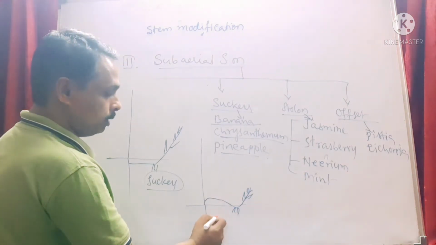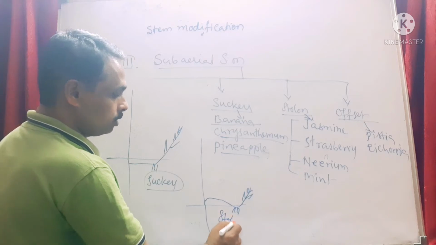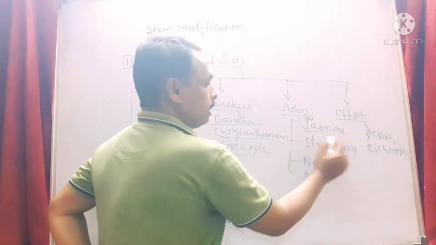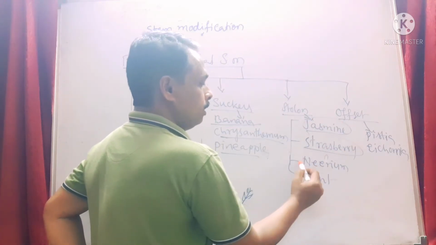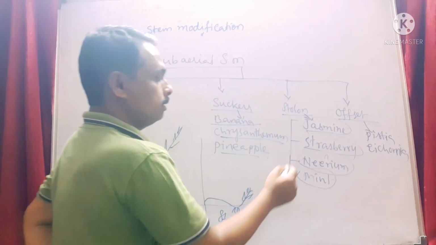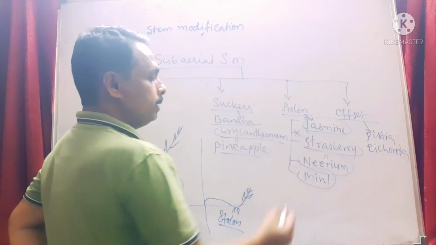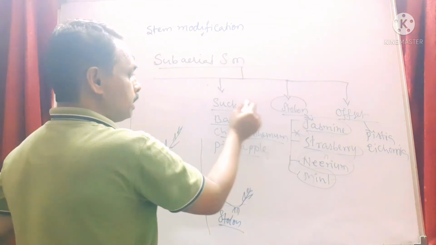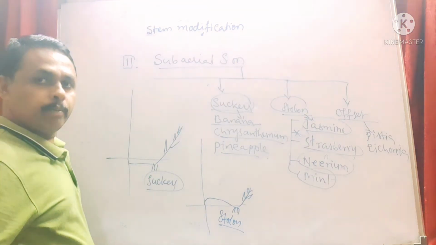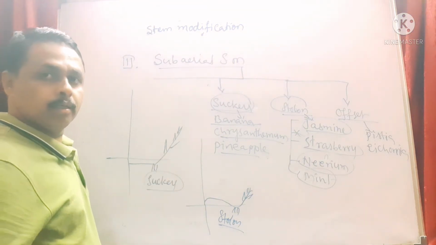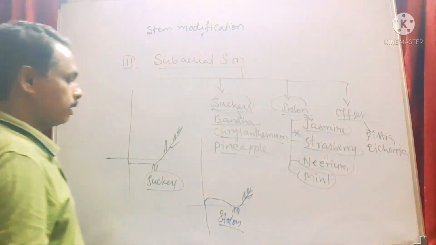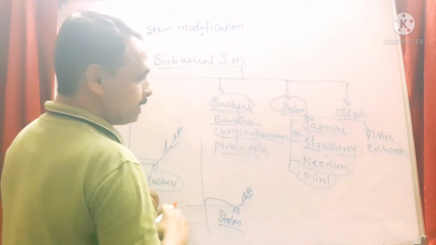This structure will be called a stolon. These stolons are seen in jasmine, strawberry, nerium, mint. Strawberry is an example for stolon, not for suckers. Need to remember the examples. Be careful in this area.